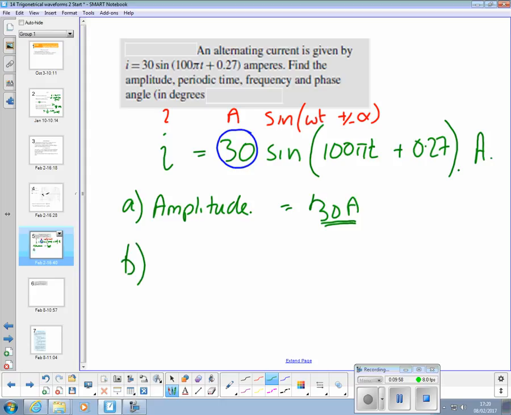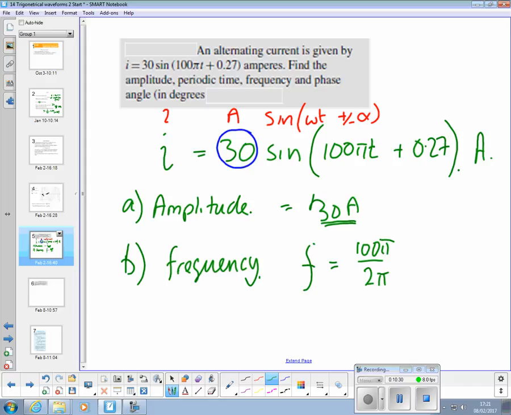B. We'll find the frequency first, because you need to do that to find the time period, in my opinion. f is equal to, yeah, let's write out where it comes from though. 100 pi over 2 pi.